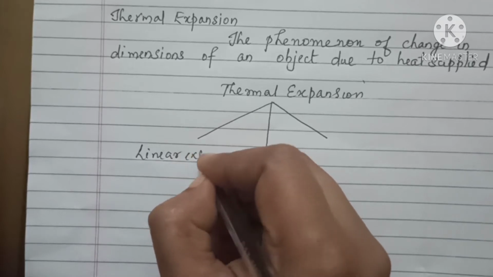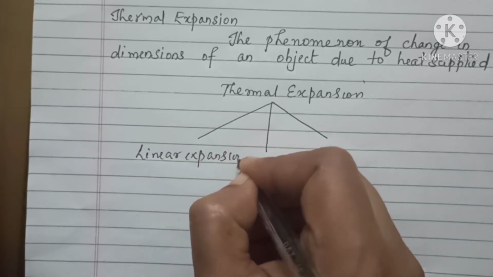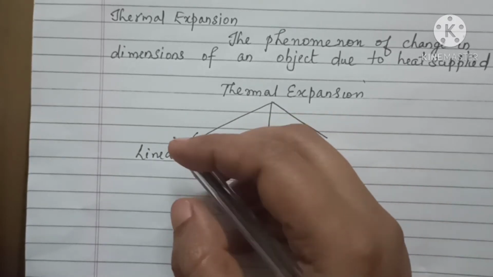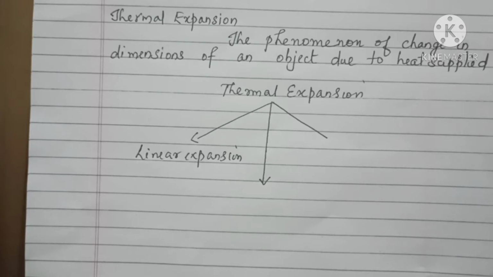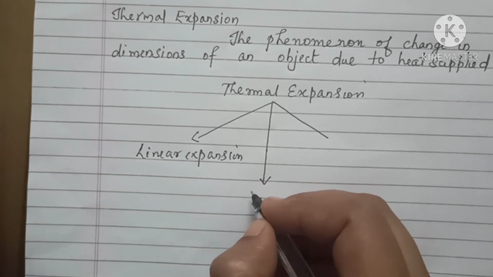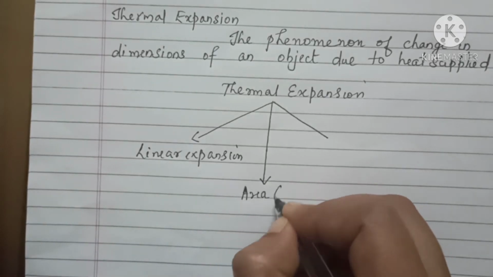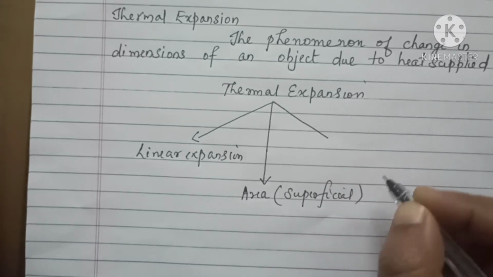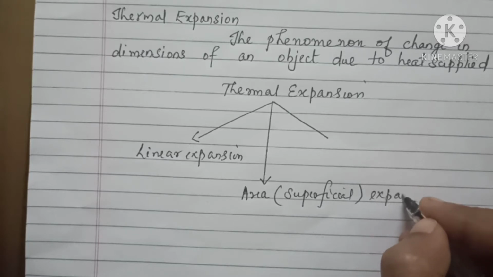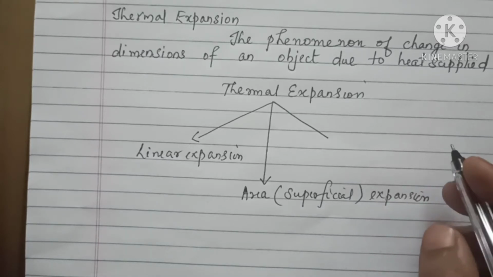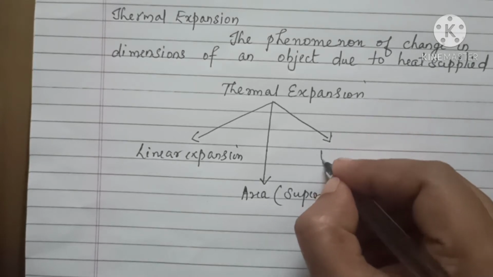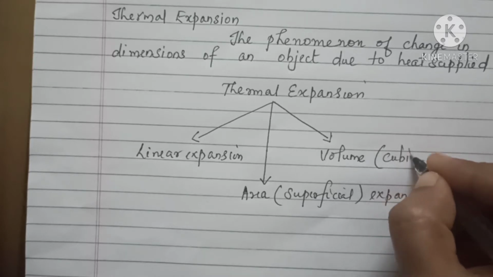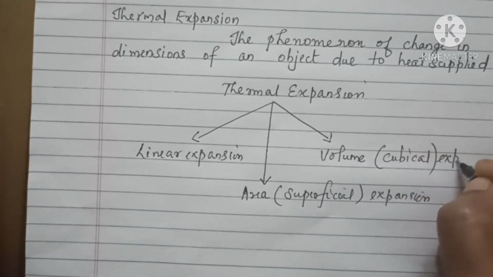The second one is area expansion, or you can call it superficial expansion. And the third one is volume expansion, or you can call it cubical expansion.